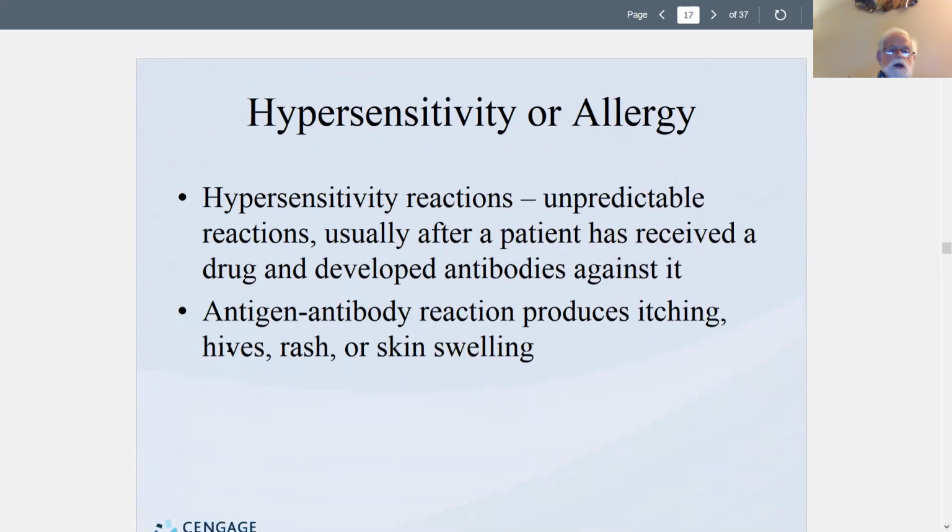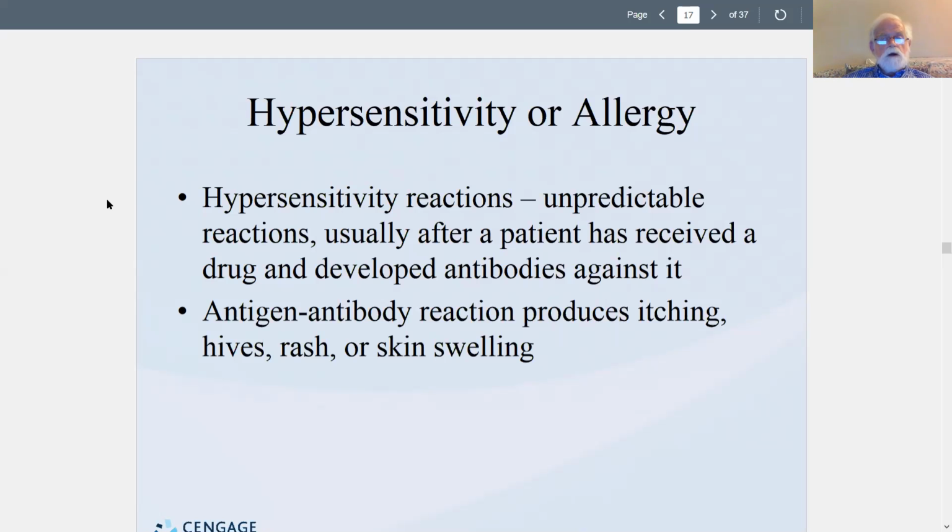We have allergic reactions that can range from what we call hypersensitivity reactions, which are unpredictable. And this is actually after a drug is received, after a patient has received a drug, they will start developing antibodies and respond with a hyperactive allergic response.